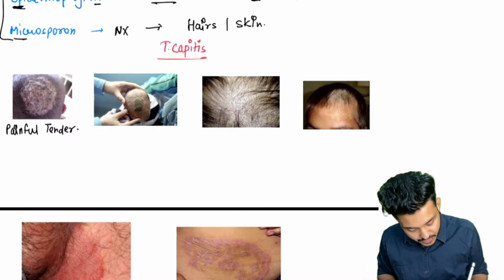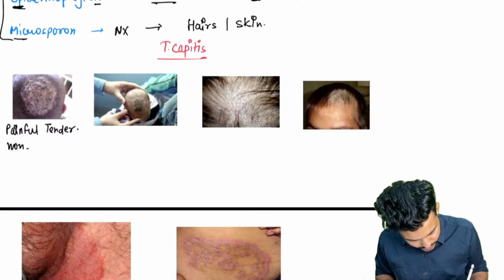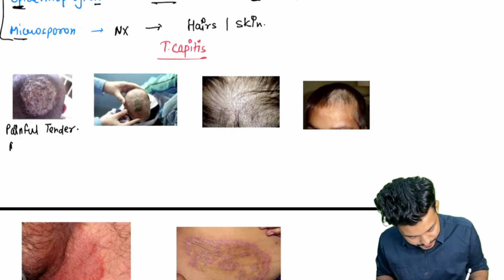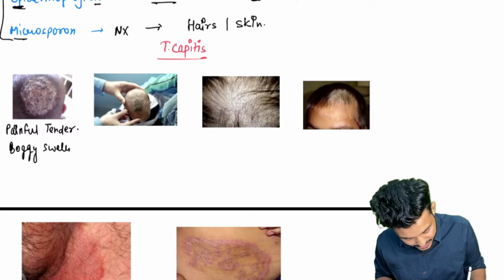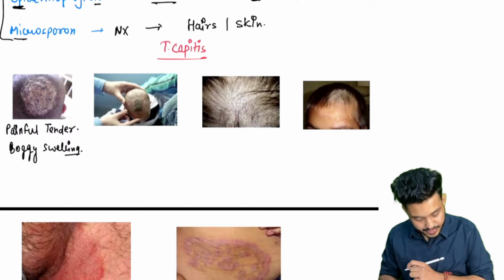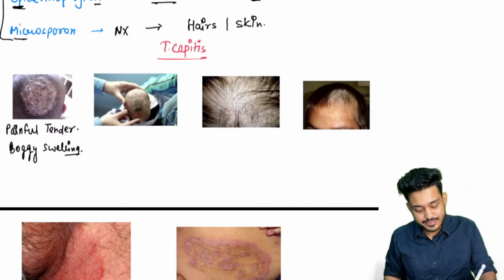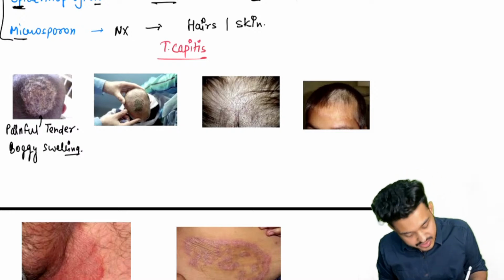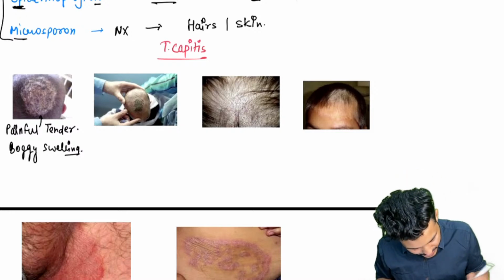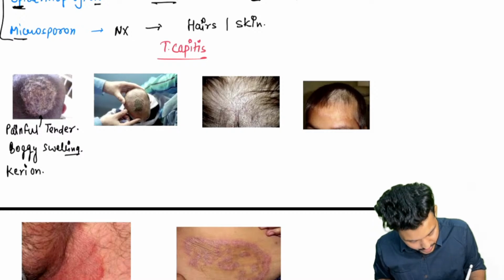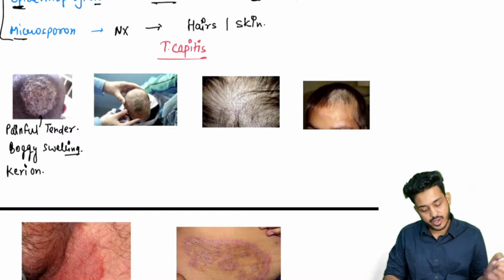So these are painful, tender, boggy swelling. If it is written painful, tender, boggy swelling, and this image is given, that is your tinea, that is your kerion guys.